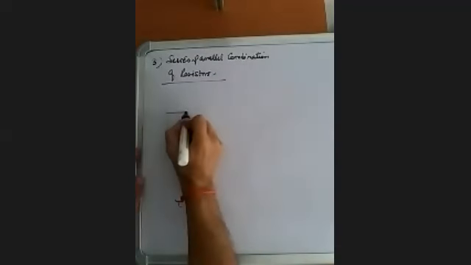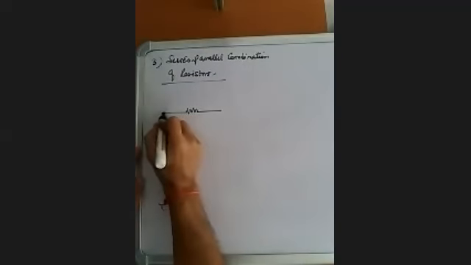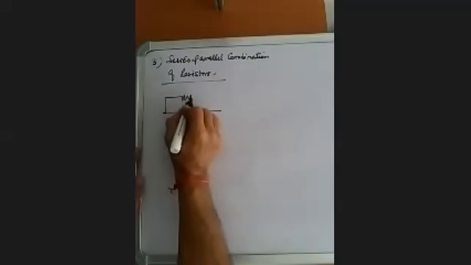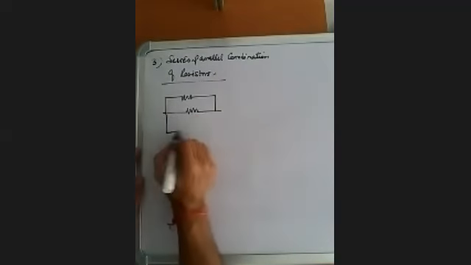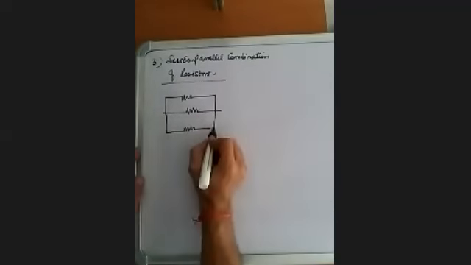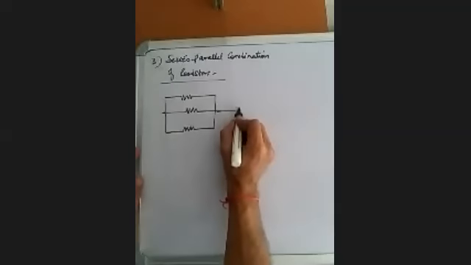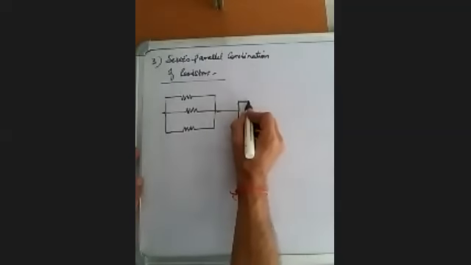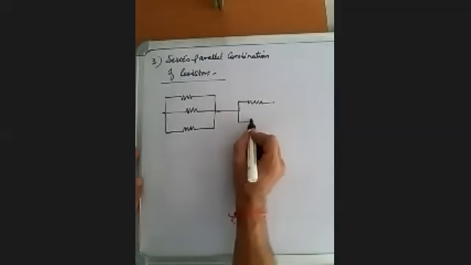Suppose we have one resistor connected like this, another, then we have another like this.